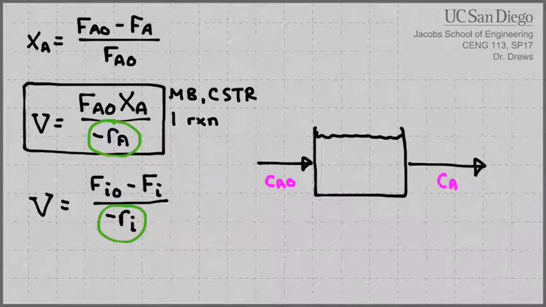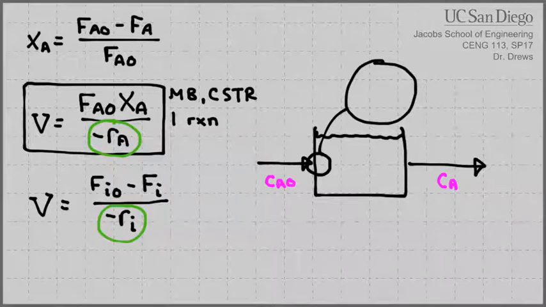Otherwise you didn't react anything most of the time, which means there's probably a gradient inside the system, right? Initially, if we zoom in on this part right at the inlet, and assume that CA is, I don't know, purple, there's probably a lot of CA over here.